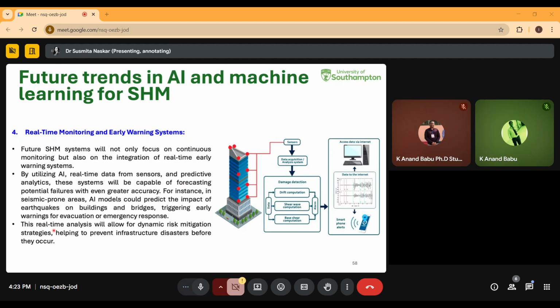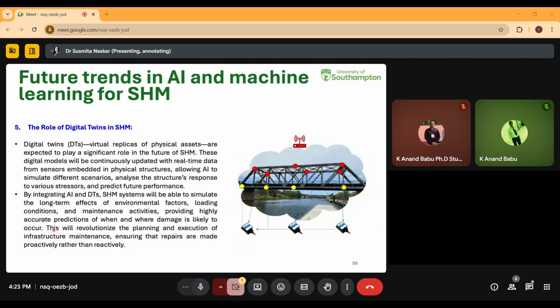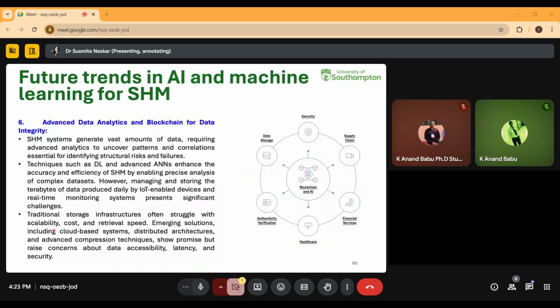We also want to get the early warning that, okay fine, this is not working, so we need to take some action immediately. And then the digital twin, where we develop exactly the real-life structure through the sensors. We are sending the data and making a real-life structure through this to understand how it could possibly behave, right? And then data analysis and blockchain, as I said.